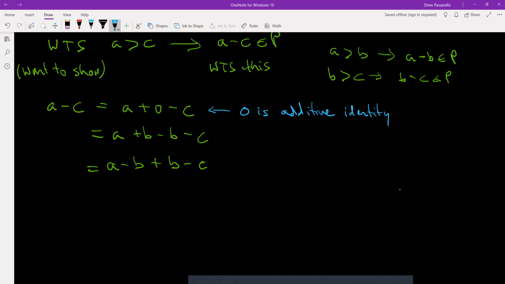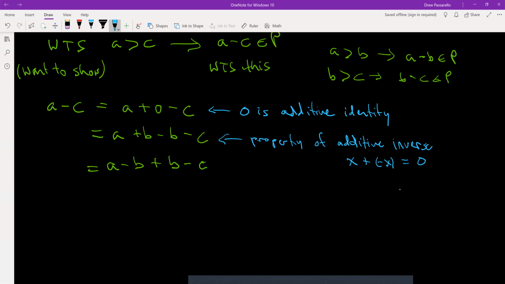So I've introduced 0. A minus C is equal to A plus 0 minus C because we know 0 is the additive identity. And I could write 0 as positive B minus B because that's just a property of additive inverses. Any number x plus its inverse negative x is equal to 0.